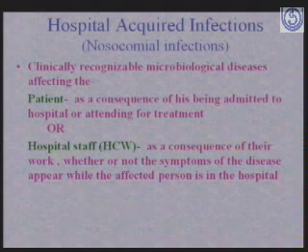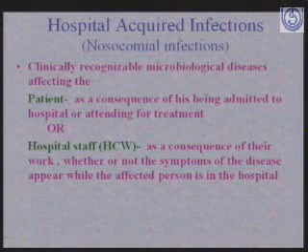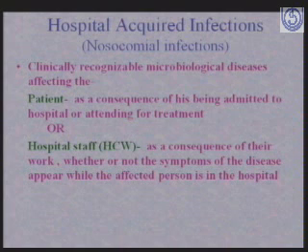These are clinically recognizable microbiological diseases affecting either the patient or the hospital staff, that is the healthcare worker. They could be caused by any of the microorganisms, that is bacteria, virus, parasites or fungi.